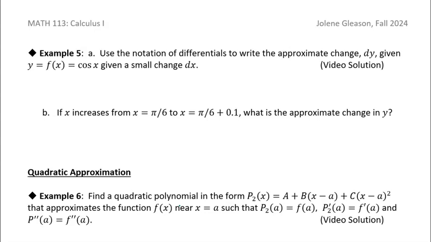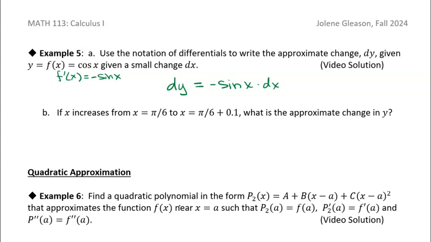Basically we're just going to say dy is equal to the derivative of cosine, f prime of x, which is negative sine of x, times dx. So all we're doing is using the differential notation to write the approximate change in y given a change in x. This small change in x is dx, the differential dx.